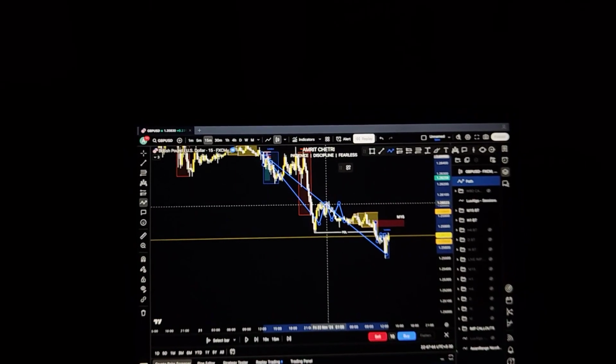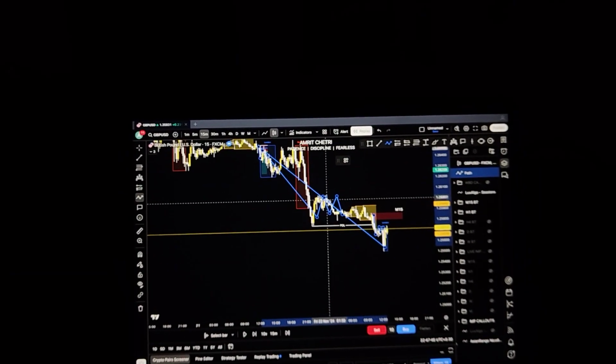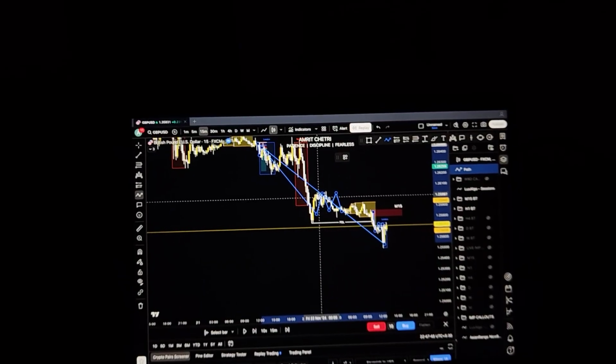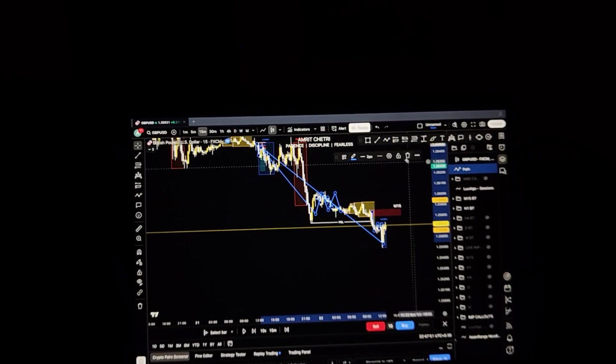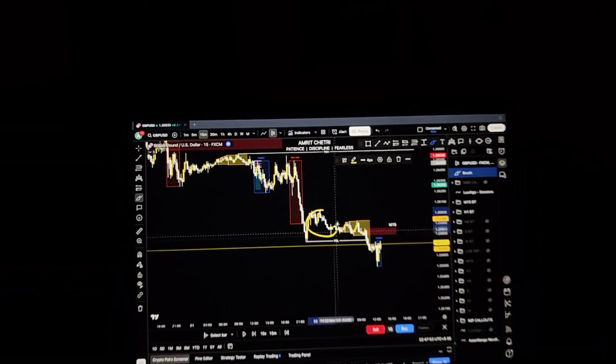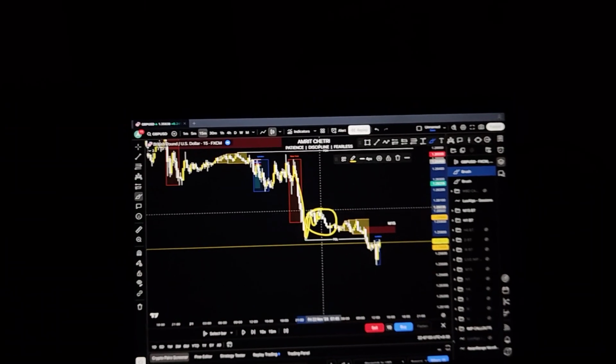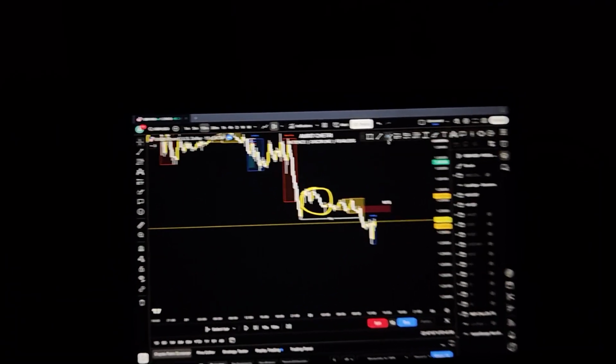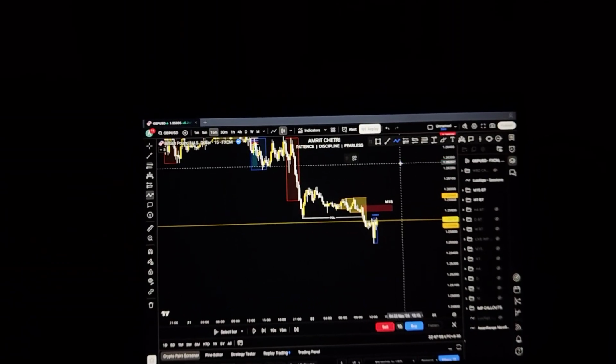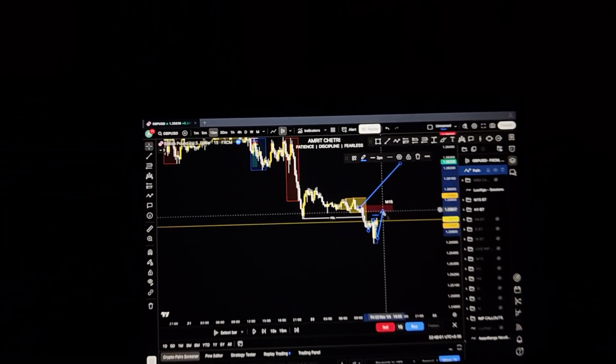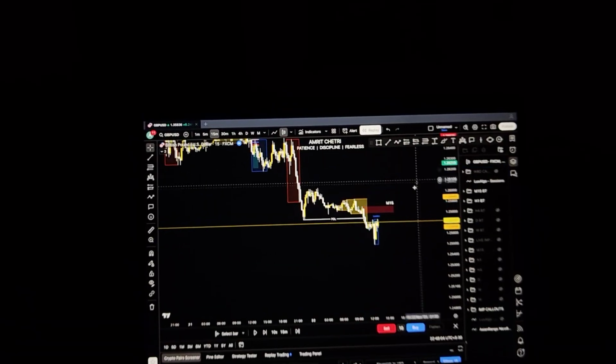But on Friday there were no clean or strong zones to trade from, because New York made the move and then this was the accumulation, as you can see right there, and we don't trade the accumulation. That is why I was looking to trade from that M15 supply zone right there.